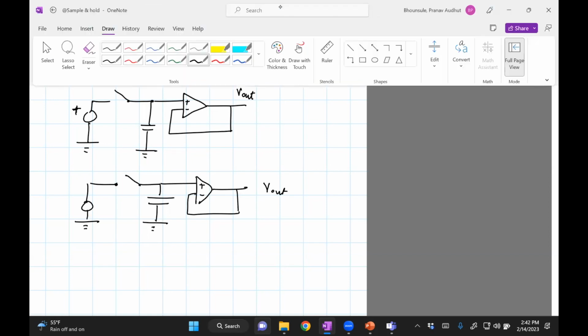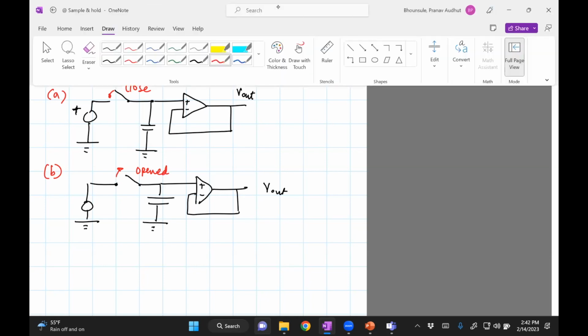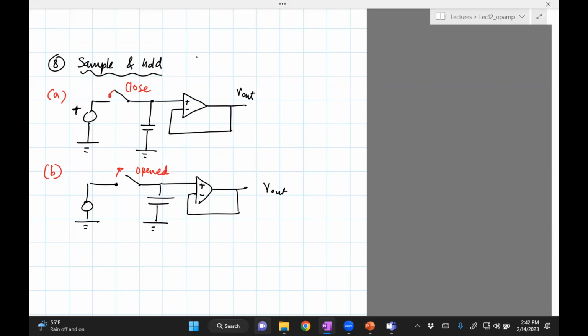The reason I'm drawing two circuits is that in the first one, A, the switch is closed and held closed, and in B it is opened. Now the question is, what's going to happen? What does the capacitor do, and how is this going to work?